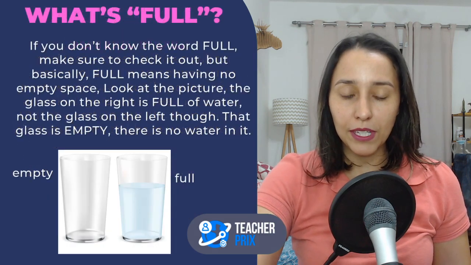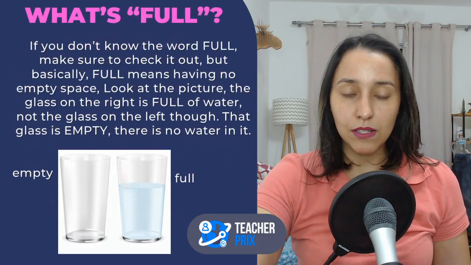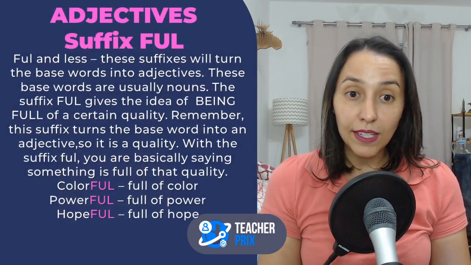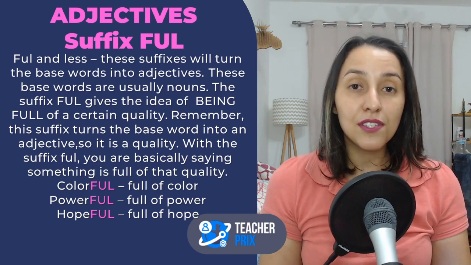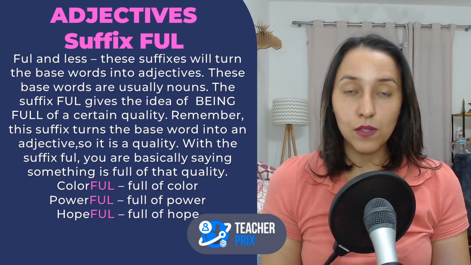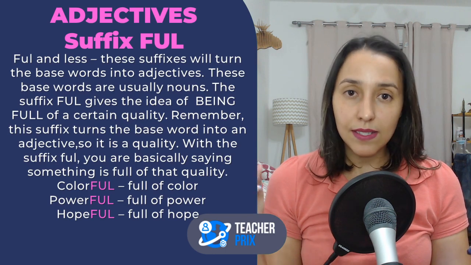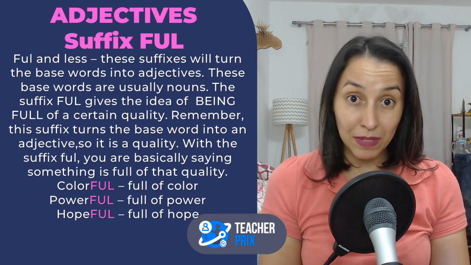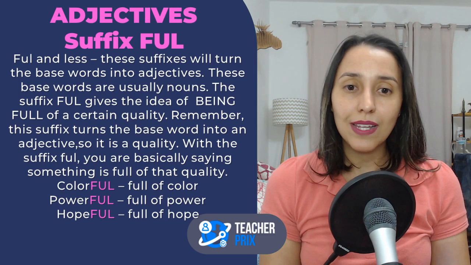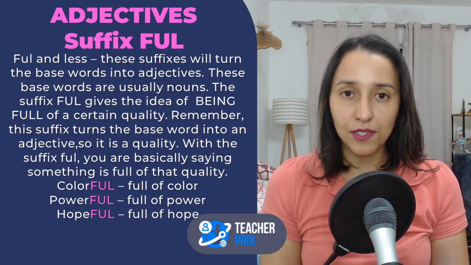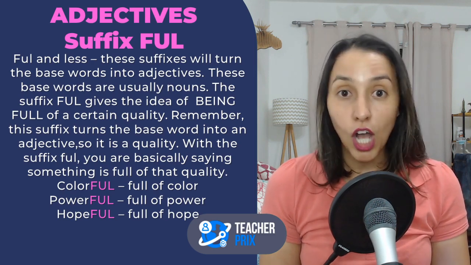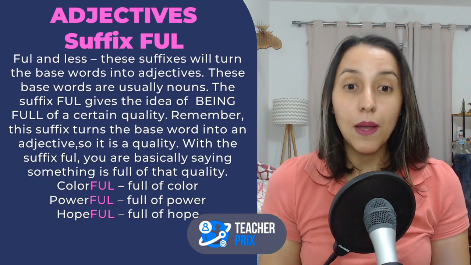So remember here the picture, full, empty. So it gives this idea of being full of a certain quality, okay? So basically you are saying this base form is becoming an adjective, and it shows that it's full of something, a certain quality, full of colors in this case, okay?